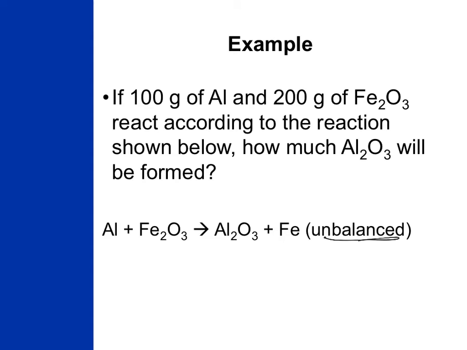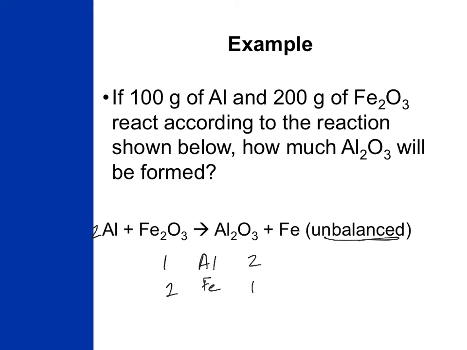Well, we see that on the left side we have 1 aluminum, and on the right side we have 2. So we're going to need to put a 2 in front of the aluminum on the left. Now that that's balanced, if we look at our iron, we see on the left side there are 2 irons, and on the right side only 1.